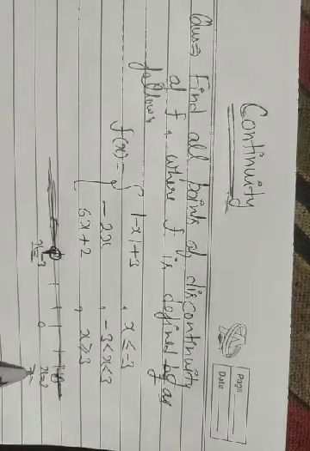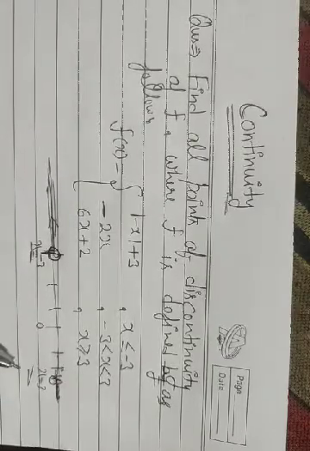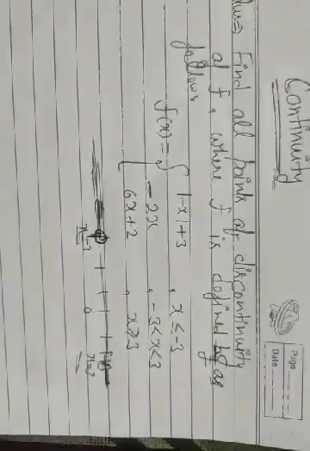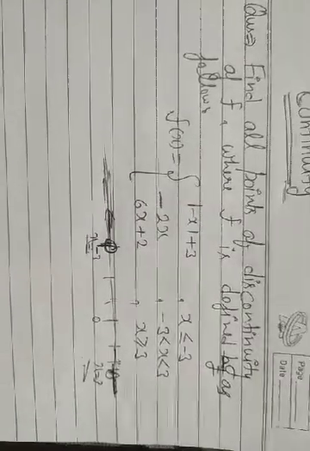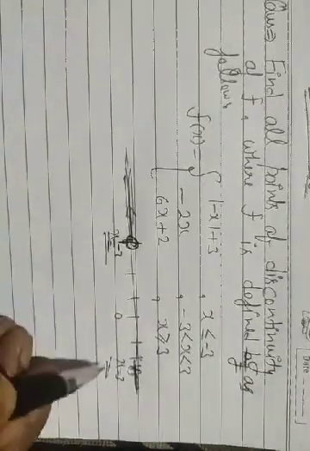We are going to check the behavior of the function at x equal to minus 3 and x equal to 3. If our function is continuous at both points, then our answer would be that there are no points of discontinuity. Right? Now we are going to start the discussion.